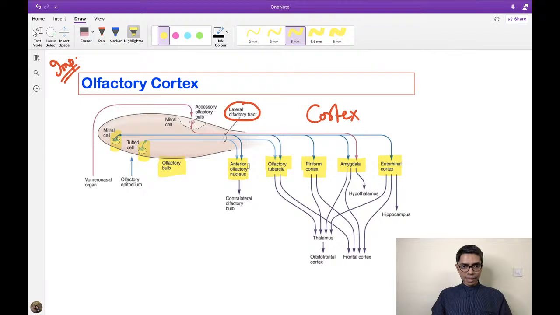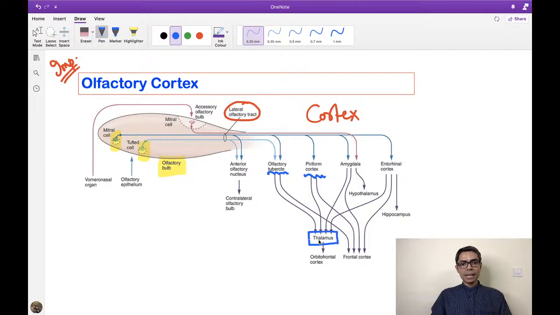So I am coming to the function of these areas, but before that, note down another thing, that some of the olfactory pathway, for example from this olfactory tubercle and this piriform cortex, the fibers also enter the thalamus, and from the thalamus again go to a different area of the cerebral cortex, that is nothing but the orbitofrontal cortex.